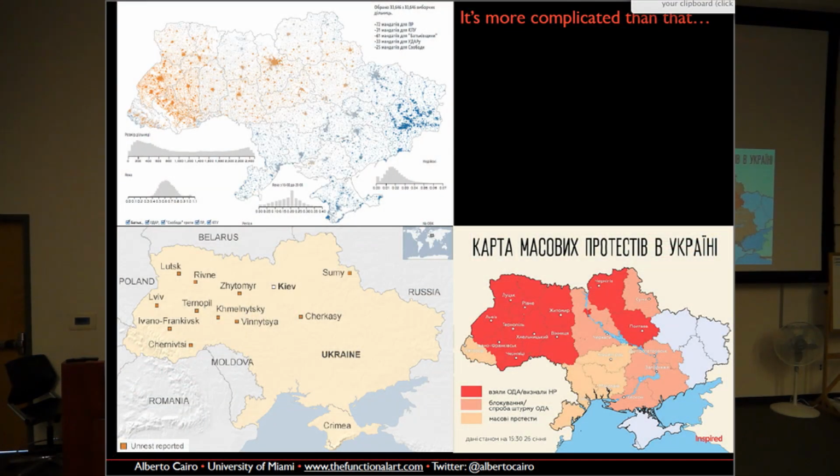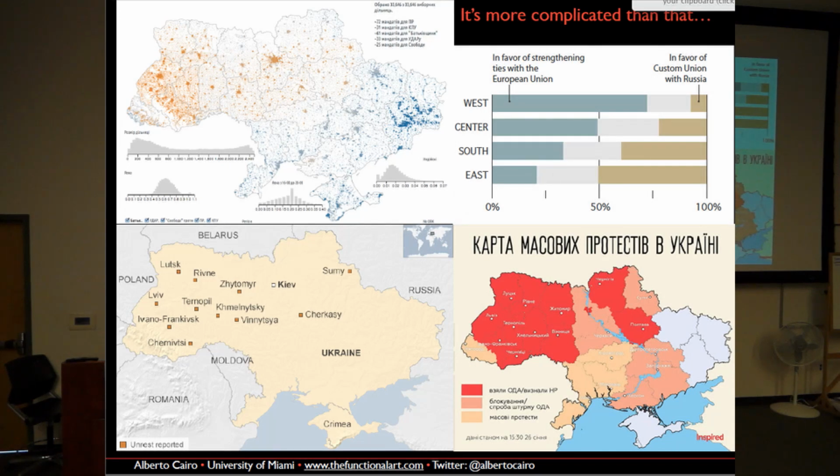When I sent these maps to the people at Texty, they emailed me back the results of several polls, okay? Several polls in which the pollsters had asked people in different regions in Ukraine if they wanted to join the European Union or if they were in favor of joining the Russian Union, okay, strengthening the ties with Russia.